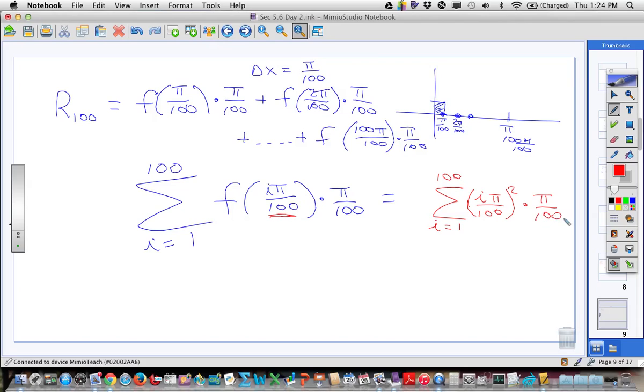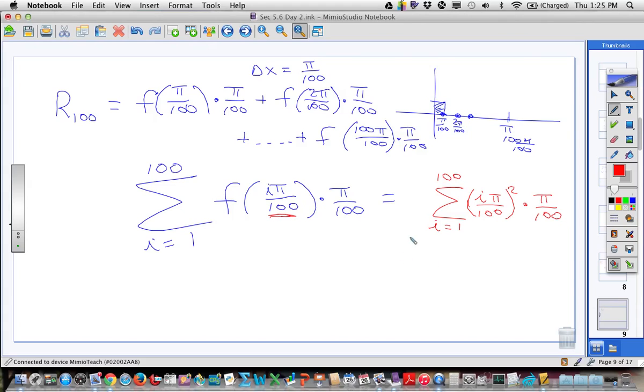Now I can do the same thing I did when you guys were typing it in. I could go ahead and square that, pull out the pi cubed over 100,000, or whatever it would end up being, and then do that formula again with 100 for the n. And I'm not going to mess with that. Go ahead and just type that in. And let's see what we get.